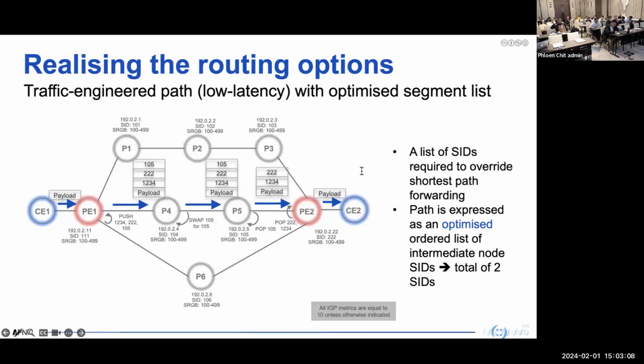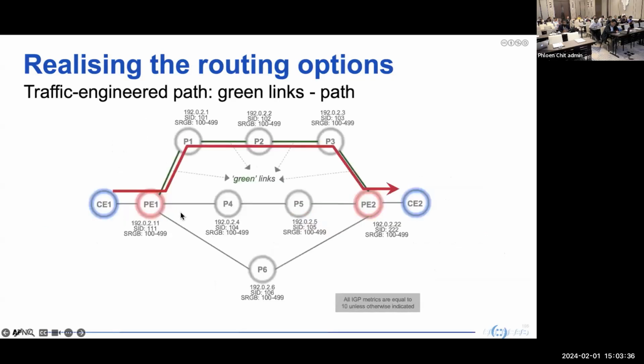So the label of P4 is not required in this case. I mean, technically we can put 104, 105, 222, but it is not required because the only way for PE1 to go to P5, the shortest path, is through P4. That's why we can directly say, hey PE1, you take the shortest path to P5, then from P5, take the shortest path to 222. This is the optimization that we can do.